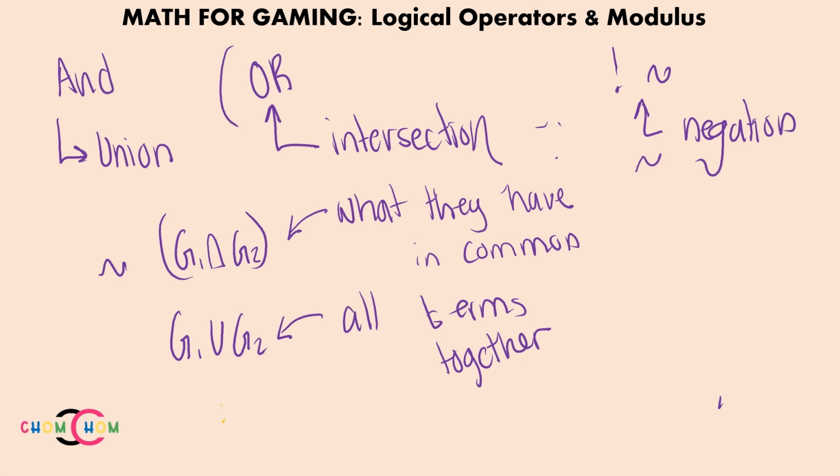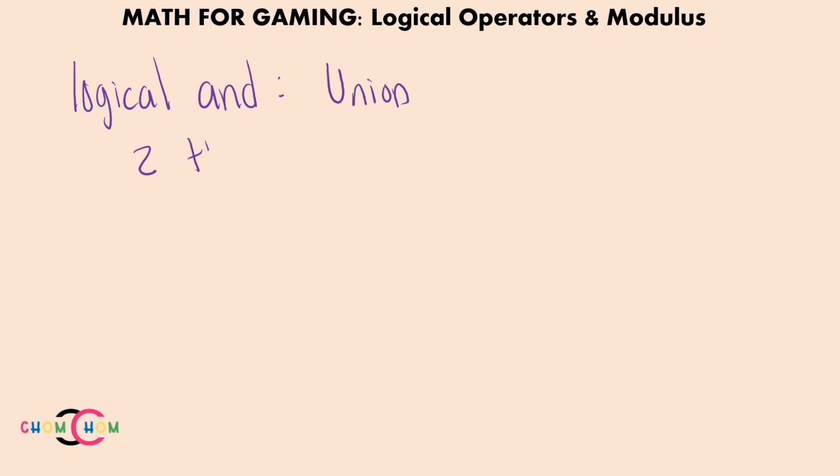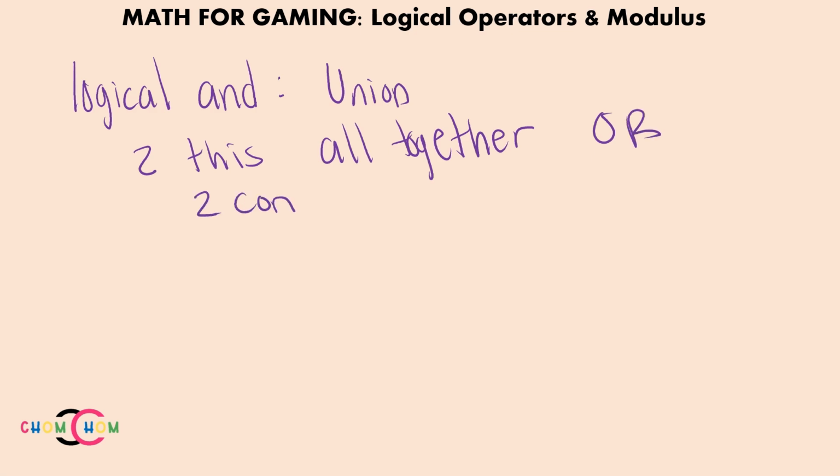So let's review. First, we have our logical and, which is union. It's just two things all together, or two conditions that must be true.